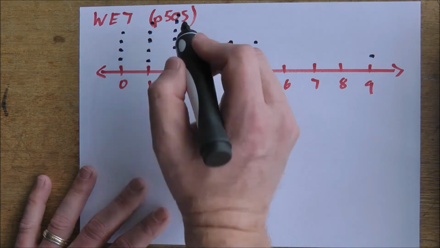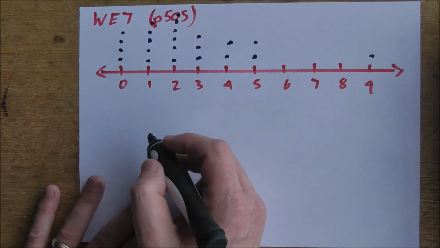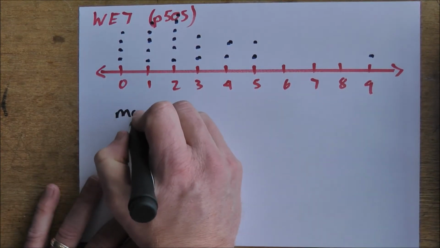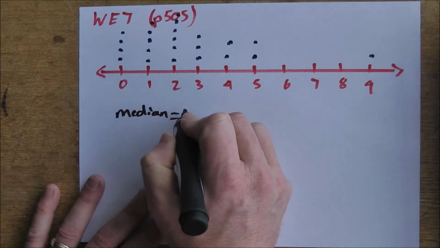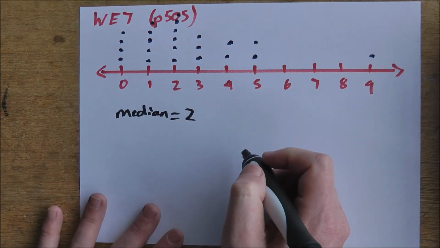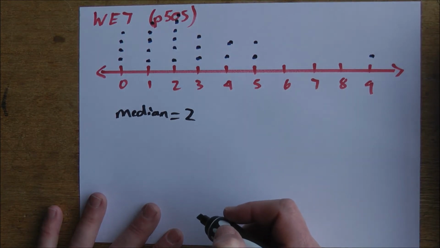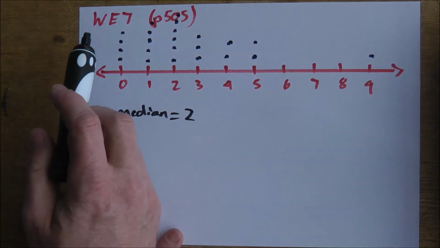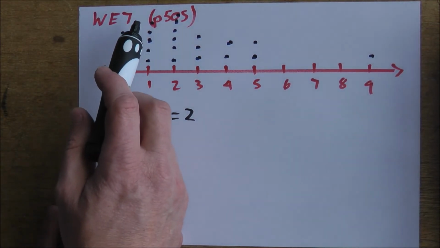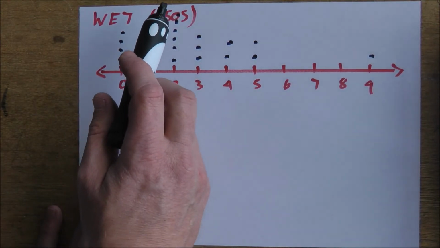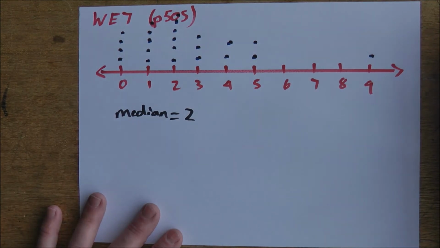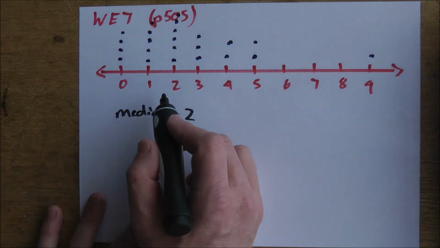You can see that my middle one's going to be a 2. Otherwise, you could say there's 23 numbers there. Half of 23 is going to be the middle number, which is the 12th value, and you count along 12. 1, 2, 3, 4, 5, 6, 7, 8, 9, 10, 11, 12, which is the one we had before, which is 2.